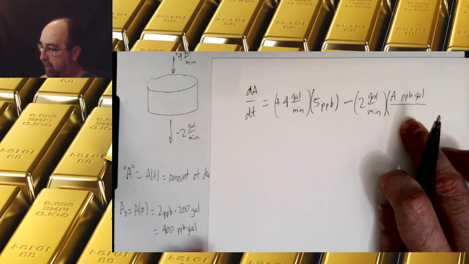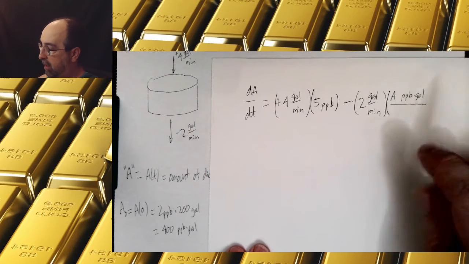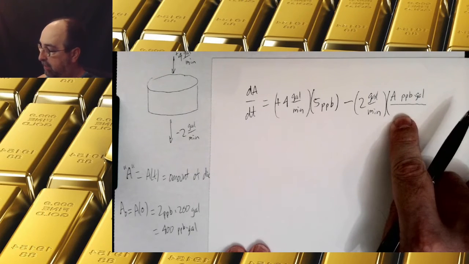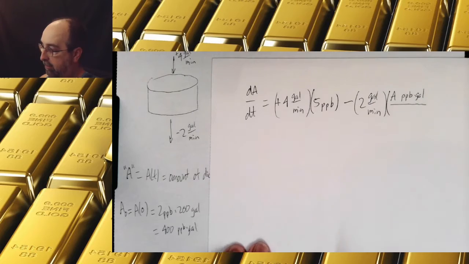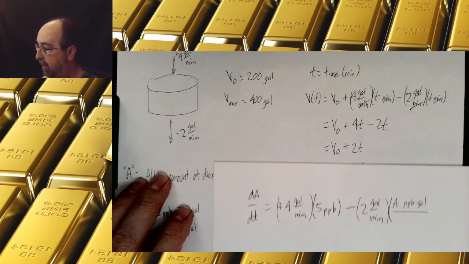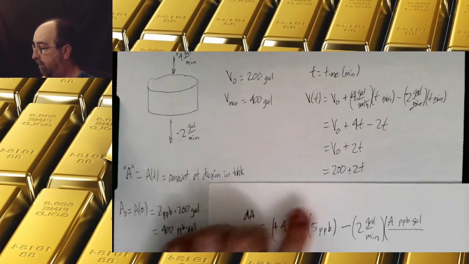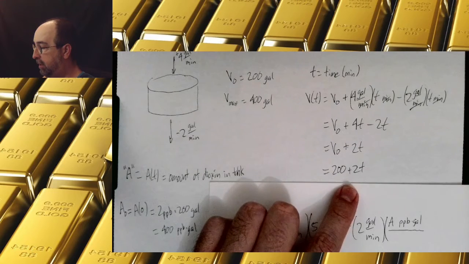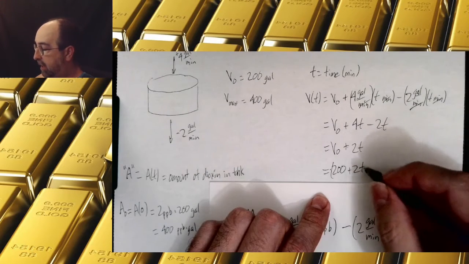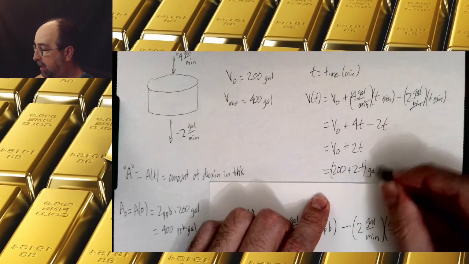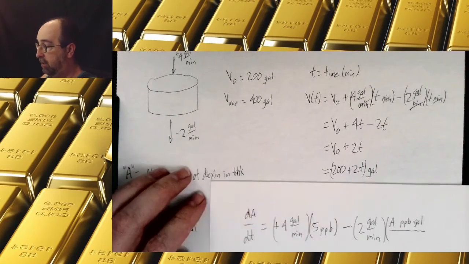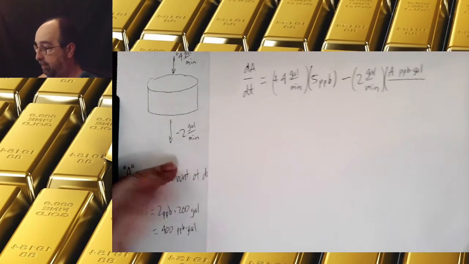And then we are in a little bit of trouble here. We would need to know how many gallons are in the tank so that we could divide that off. But if I'm not mistaken, I already found that. That turned out to be 200 plus 2t. And when I said that, I meant 200 plus 2t gallons. So we're going to bring that into this work now.